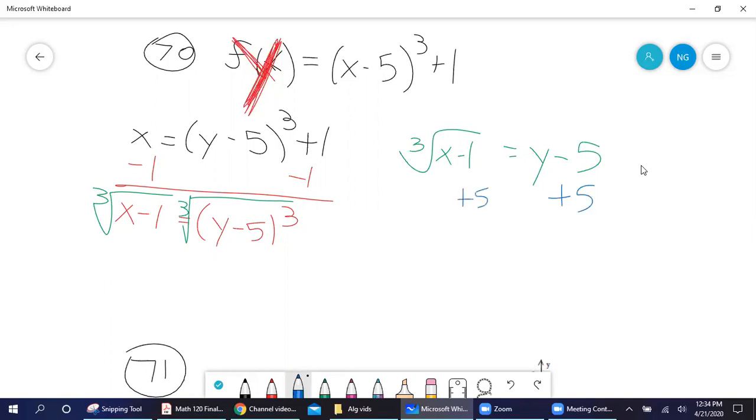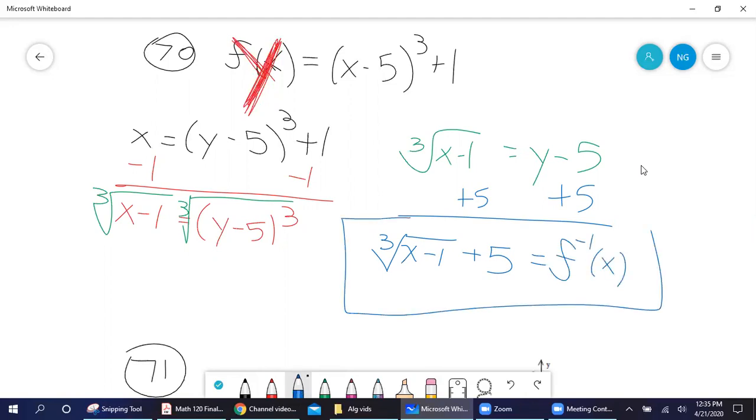Now realize this adding 5, it does not go inside of the cube root. It was after I took the cube root. And that's what my new y is. And we can call it the inverse, so we can use that inverse notation, f inverse of x. There's the inverse function.